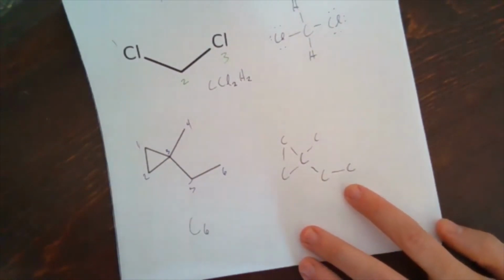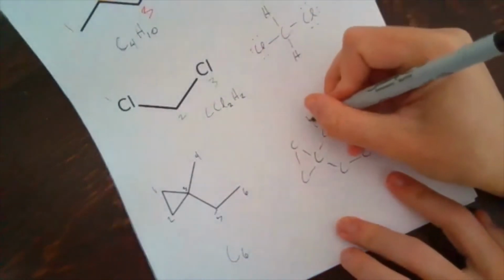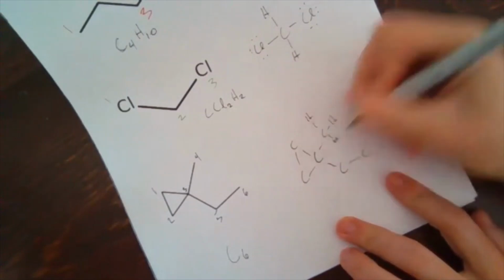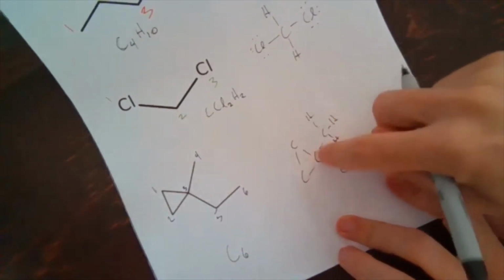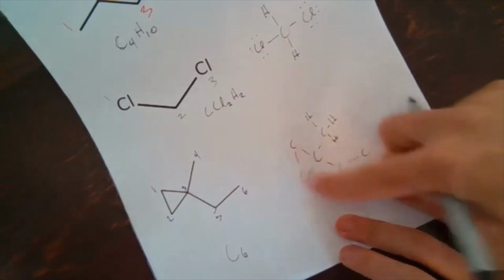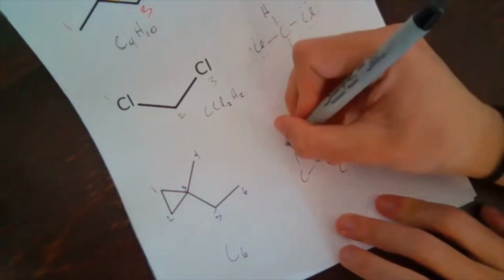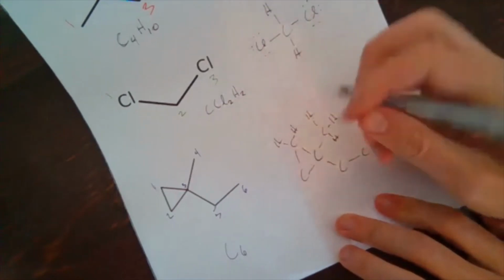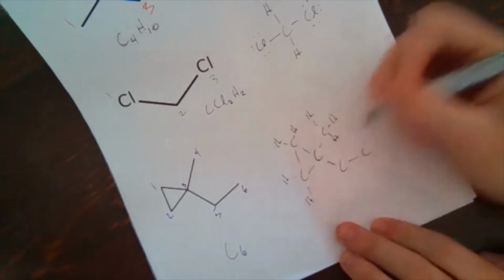Go through and just add up to 4 bonds. This carbon atom only has 1, so it needs 1, 2, 3. This carbon atom has 1, 2, 3, 4, so it's done. It's not bonded to any hydrogens because it's bonded to enough carbons. This carbon atom, 1, 2, it needs 1, 2. This carbon atom, 1, 2, it needs 1, 2.